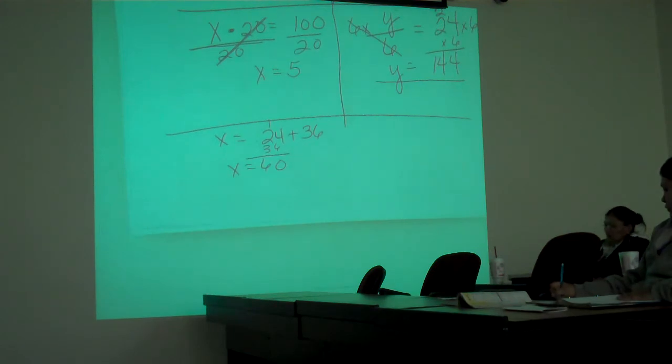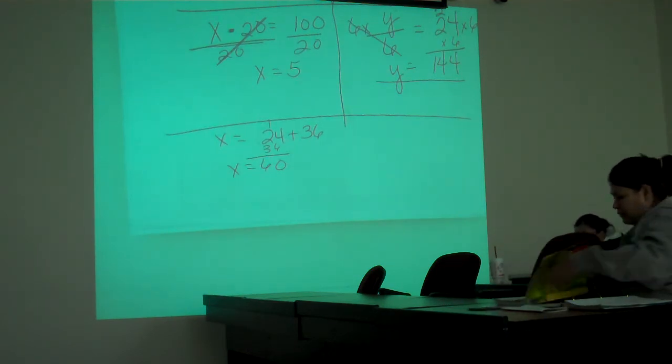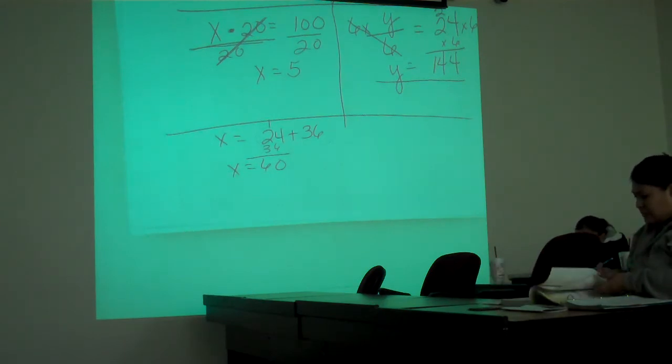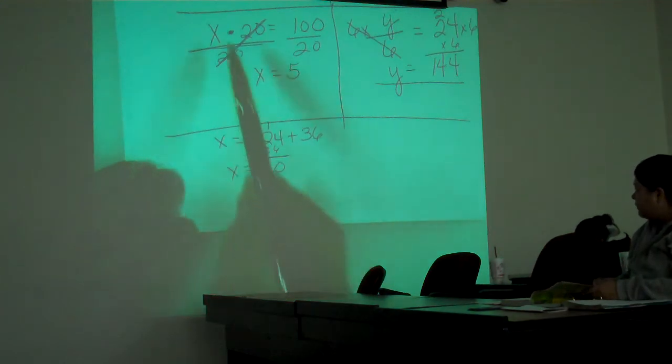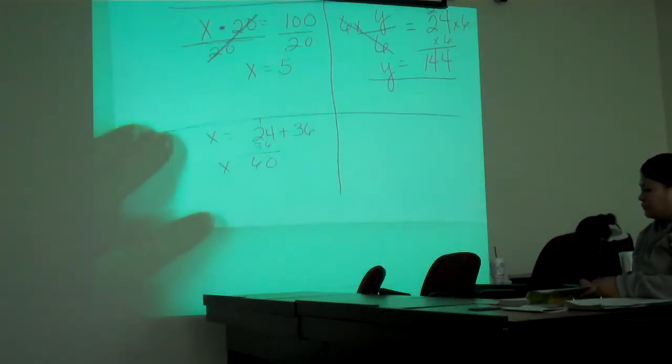Everybody look at the problems on page 52 and 53, see if there's any questions on them. Number 57 and 58 are kind of like this, except the letter is second. You still do the same thing.